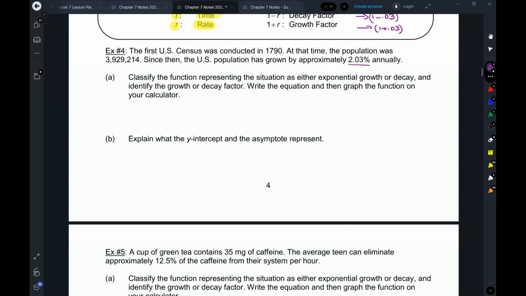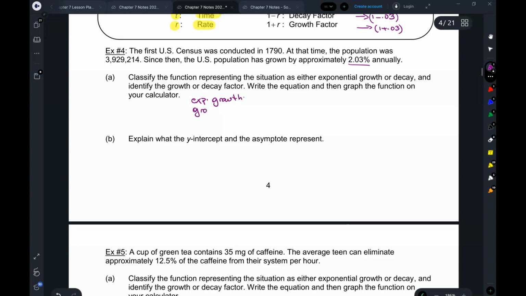So what is the exponential factor here? Is the population growing or decreasing? Growing. So this is definitely growth. So this is exponential growth.